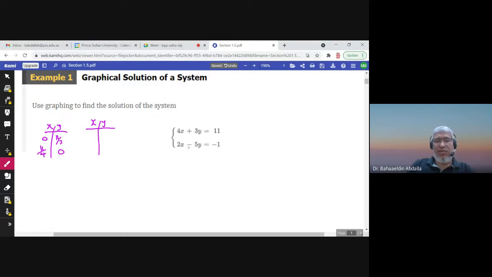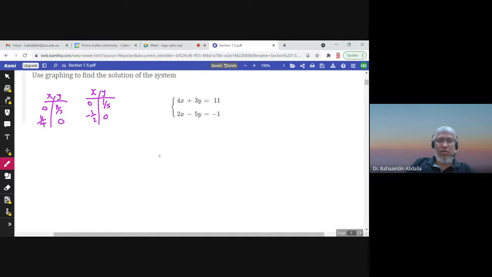For the second equation, if x is 0, y is negative 1 over negative 5 or 1 over 5. And if y is 0, x is negative half. So let us try to sketch the graph.